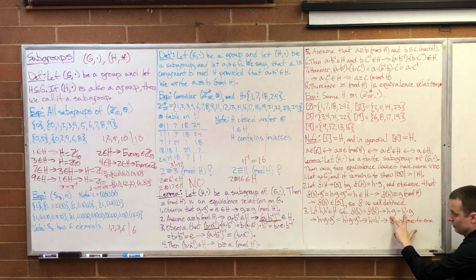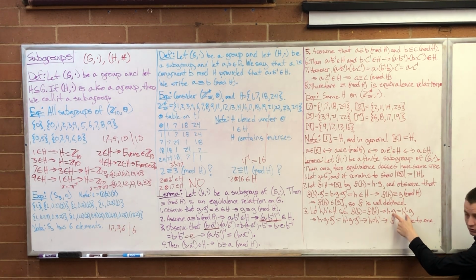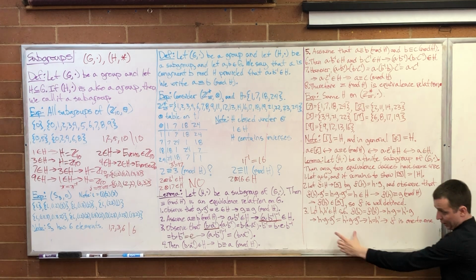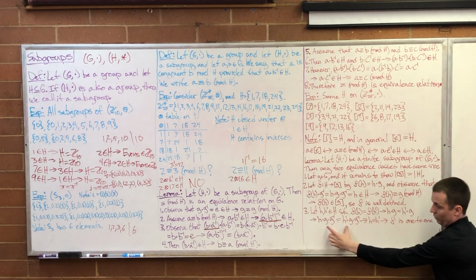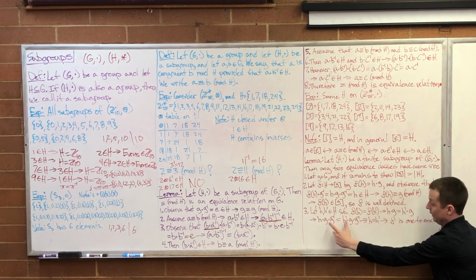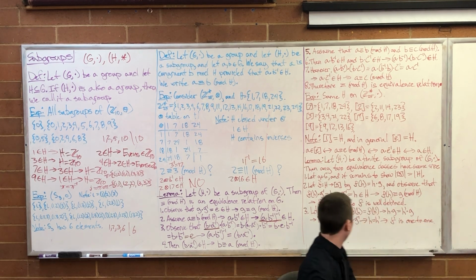Now we dot both sides by the inverse element of g. If this is equal, this is equal, and if this is equal, h is equal to h prime. Therefore, f is 1-to-1.